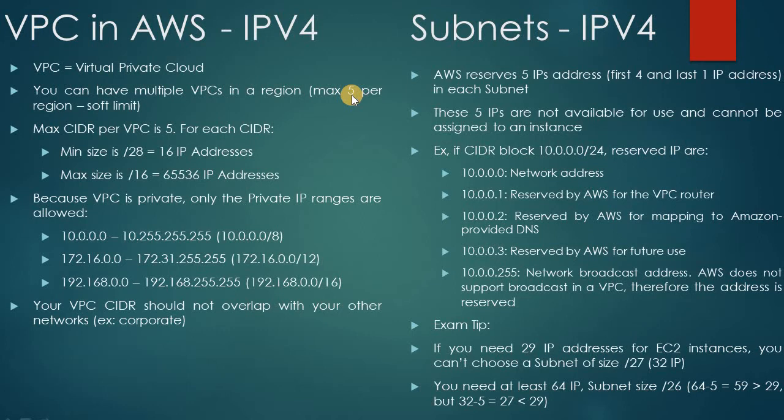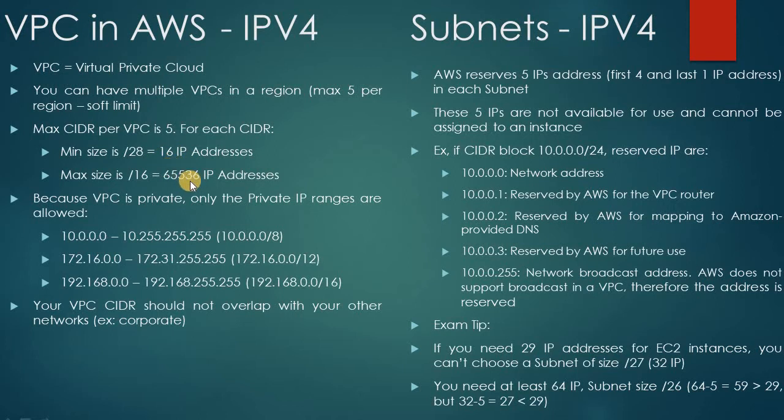If you want to create more, you need to contact the Amazon people, and they will allow you. Here you go, the min size and maximum size for a CIDR block. With the min you can launch only 16 EC2 instances, and the max is 65,000.